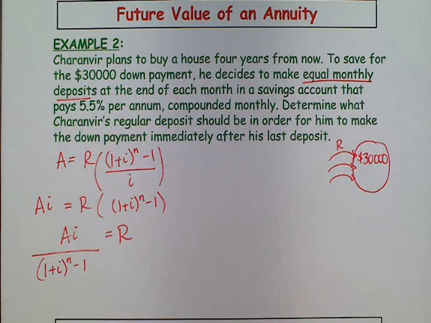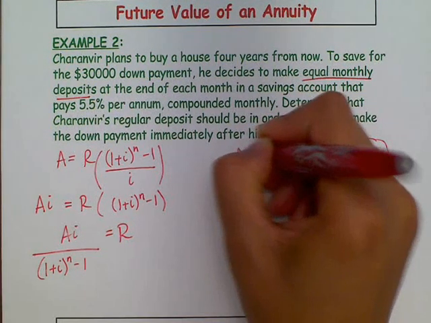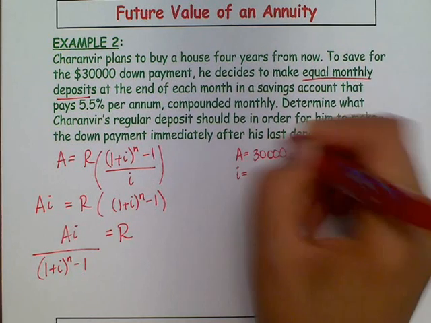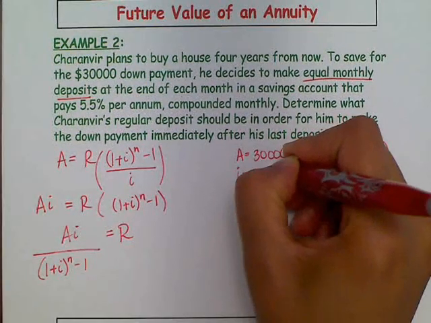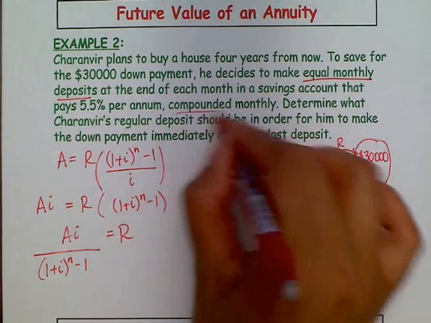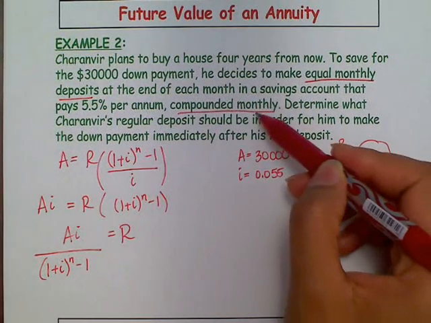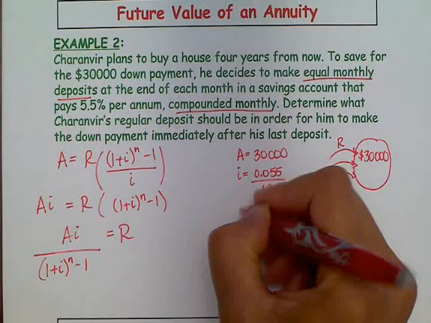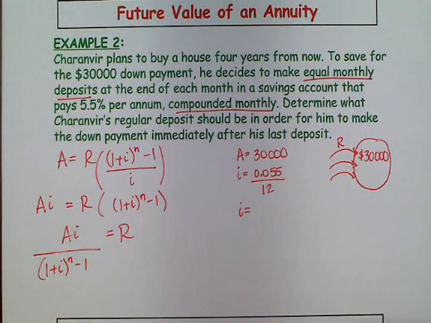Now it's a matter of plugging in my numbers and solving for R. So let's see what information I'm given. I know that A is equal to 30,000, and I know that i is equal to 0.055, so 5.5% per annum, but it's compounded monthly. Again, notice that the compounding period and the payment period is the same. So I'll need to divide that by 12.